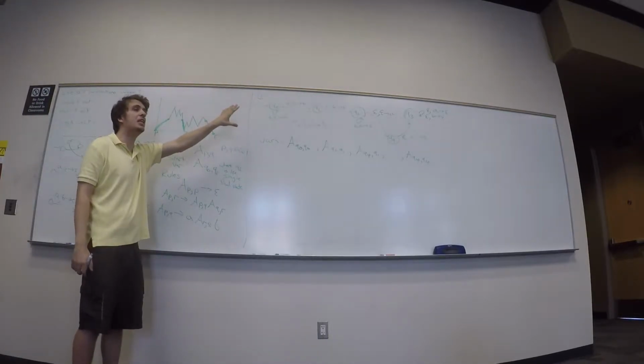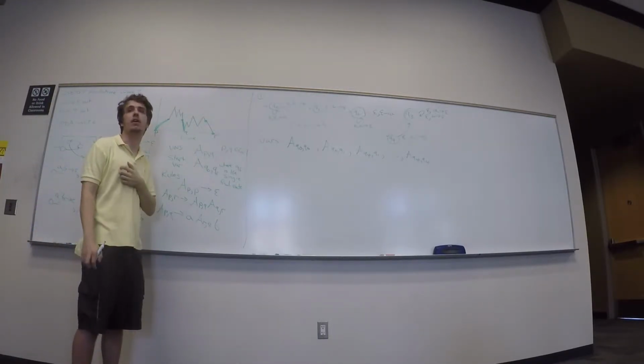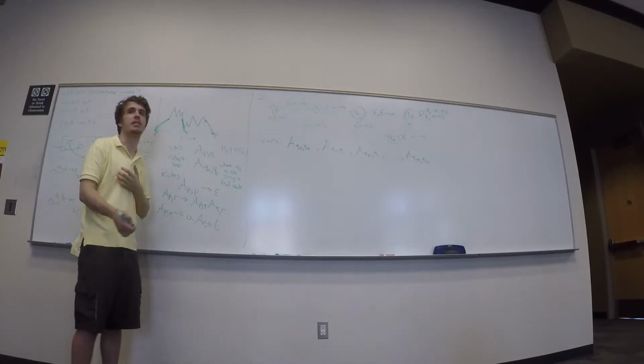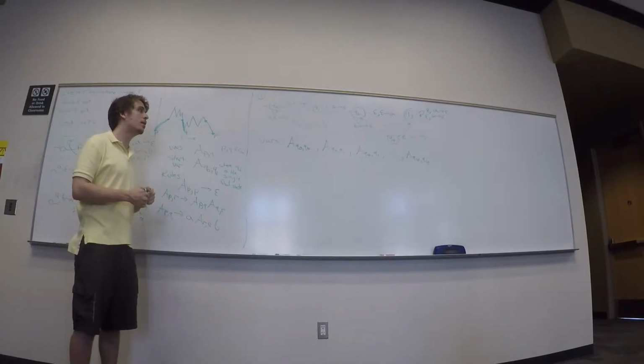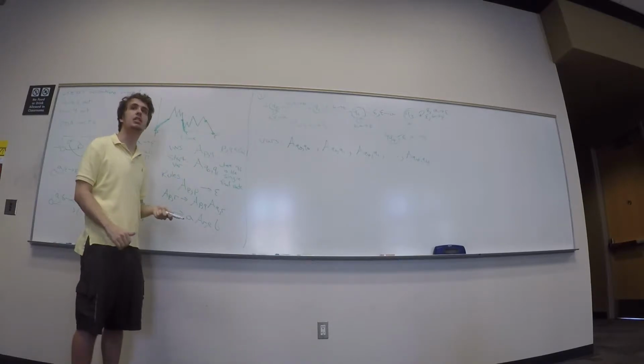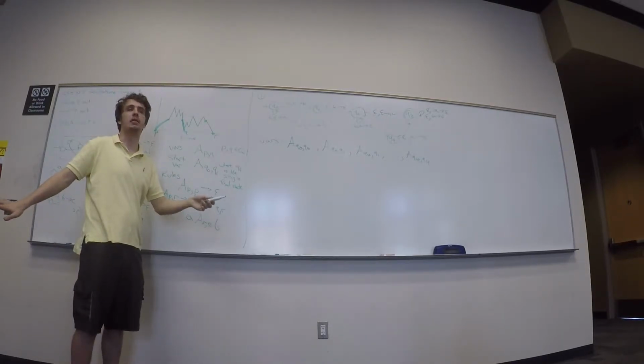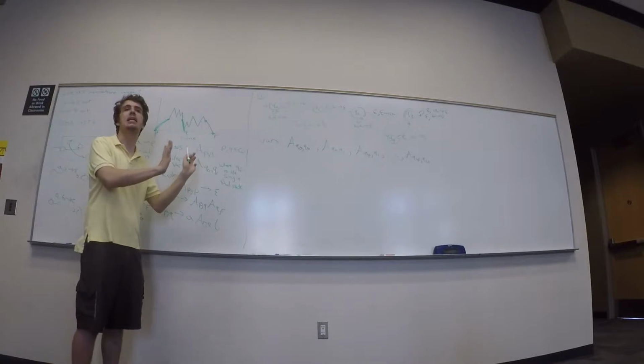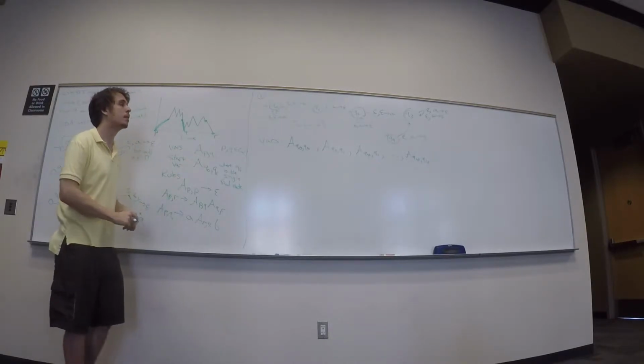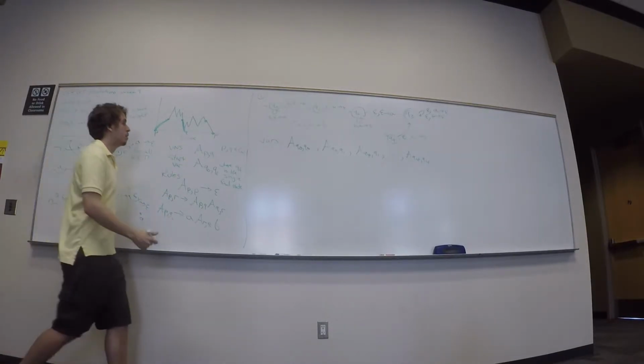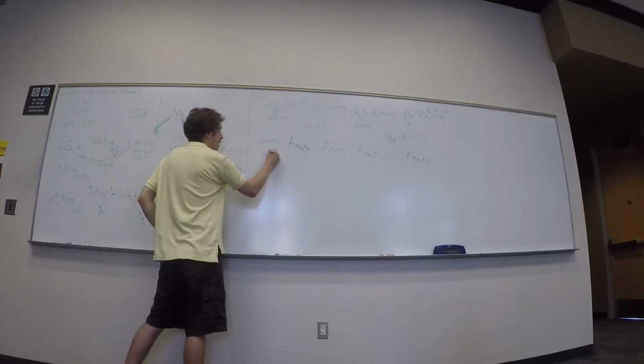But since this is not strongly connected, not every variable will be used. So some of these variables will be useless, but I want this to work for every PDA. I don't want to make any clever decisions here. Okay? All right. What's the start variable going to be then?